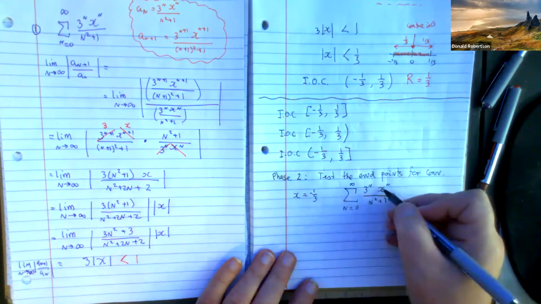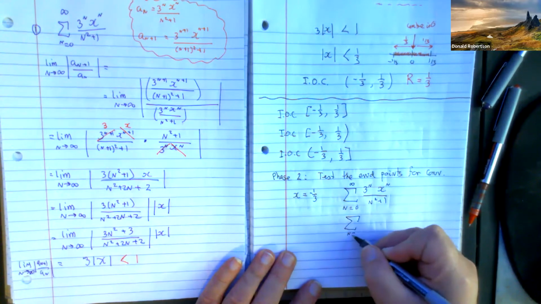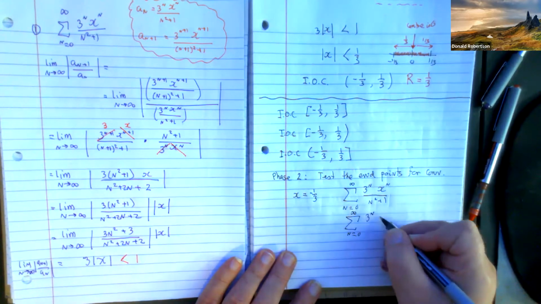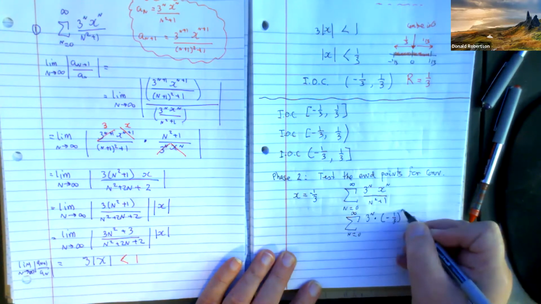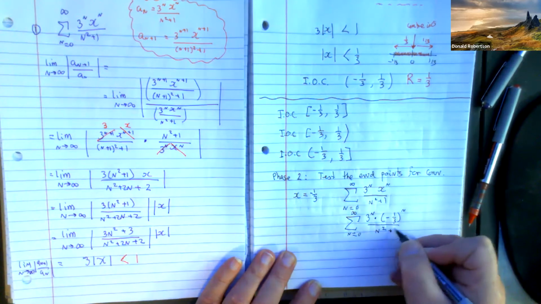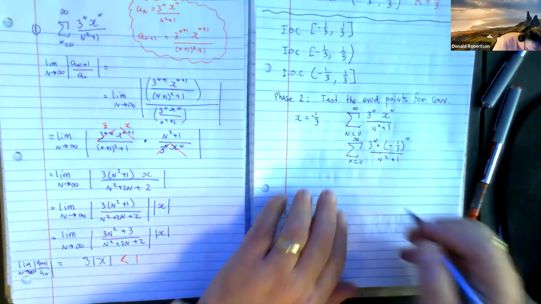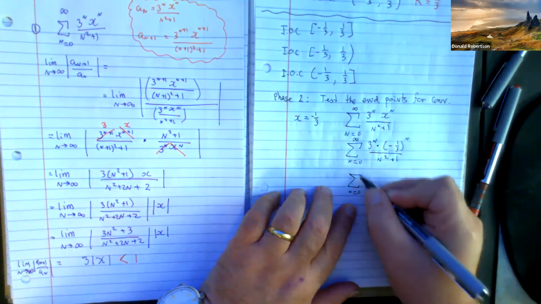If you plug -1/3 into this, you get 3^n times (-1/3)^n over n squared plus 1. You need to simplify as much as possible.